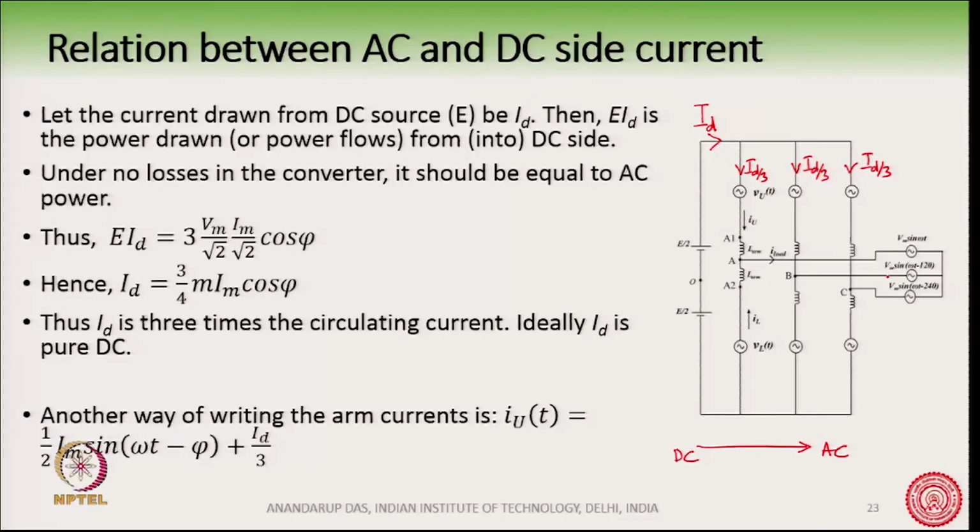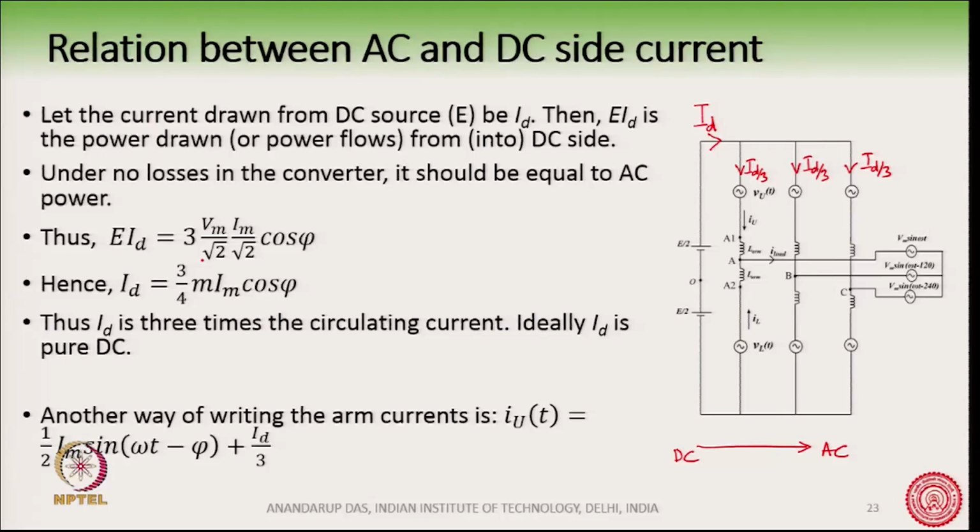So, the AC power which is flowing out of the converter is equal to 3 times V I cos phi, where V is V m by root 2, the RMS voltage, I is I m by root 2, the RMS current, and phi is the angle between the pole voltage and the current.